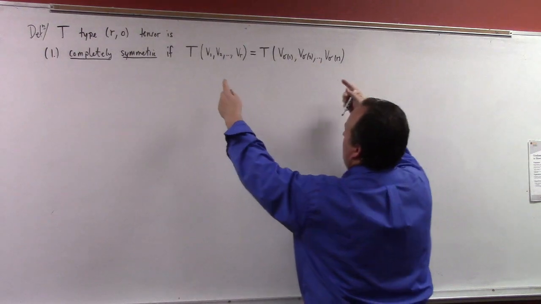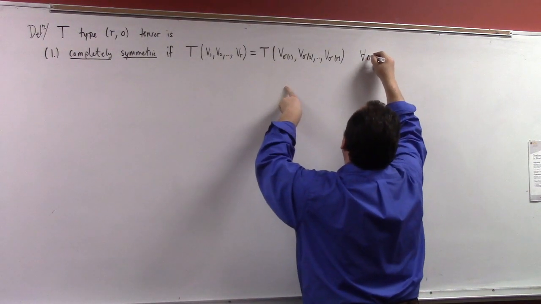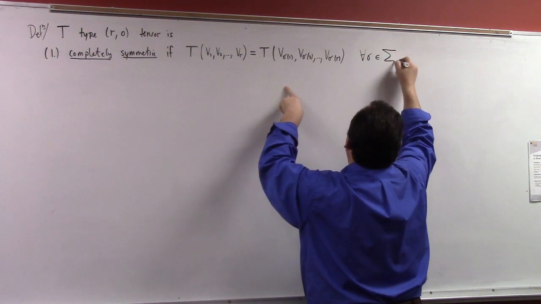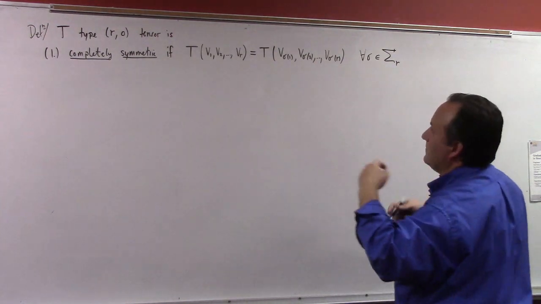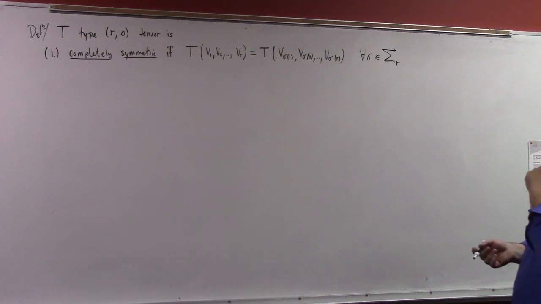So we're permuting 1 through R, so it's for all sigma in S sub R, if you want to use standard math lingo. For all permutations on R symbols.